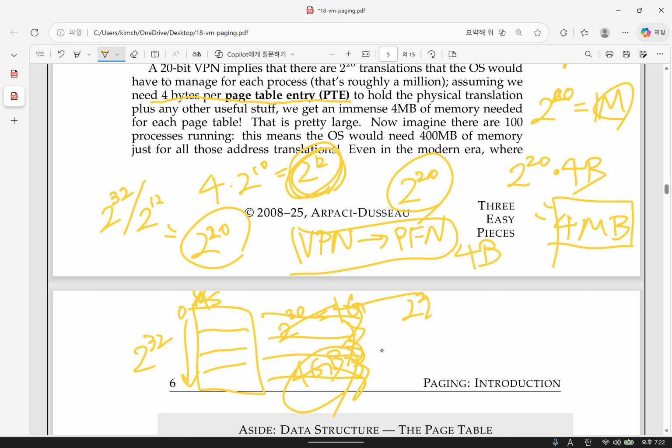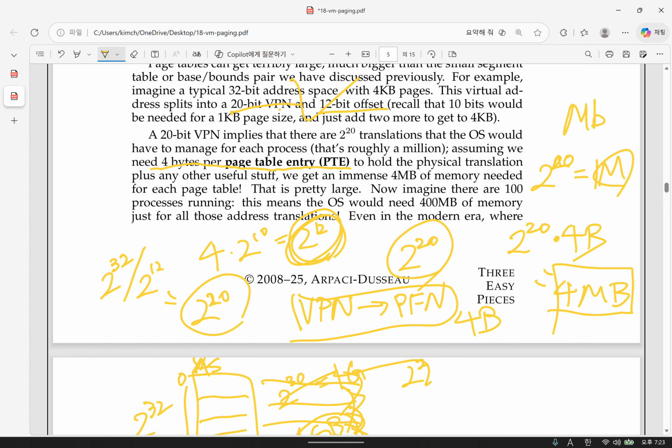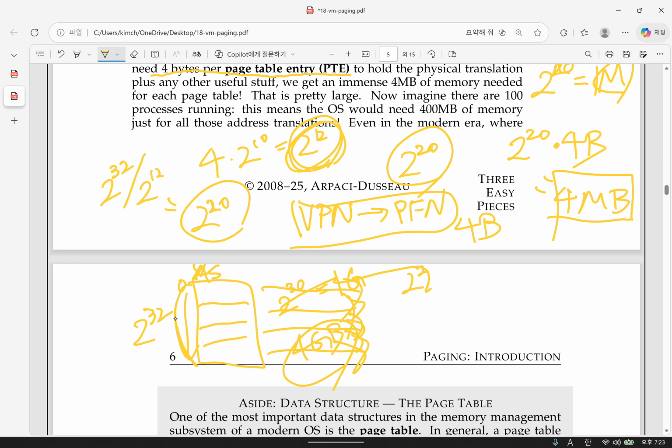And then basically the page table needs to have a virtual page translation for all of the possible virtual pages, not only the virtual pages that are being used.